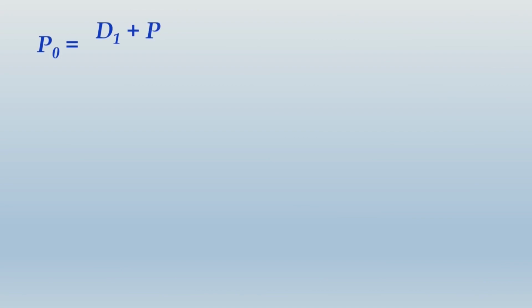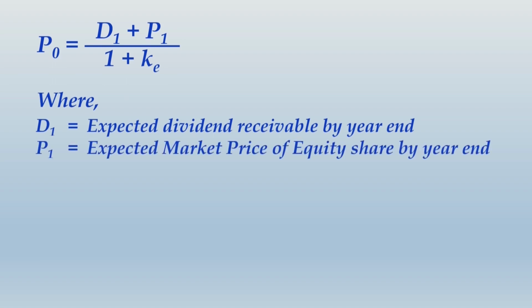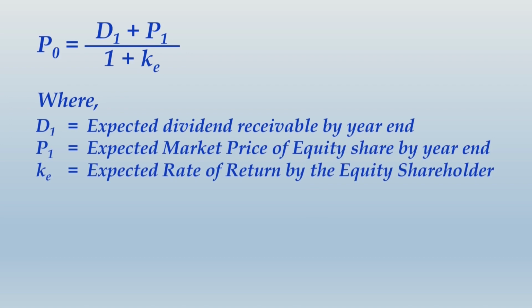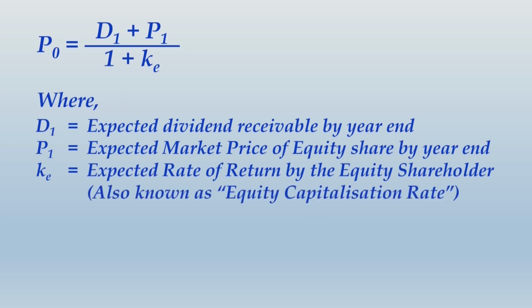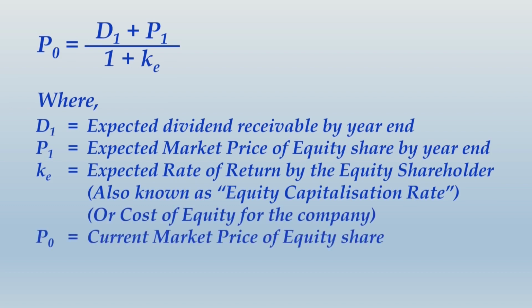You would first write P0 equals D1 plus P1 upon 1 plus KE, and you would obviously define all the variables. D1 is the expected dividend by year end. P1 is the expected market price of the equity share by year end. KE is the expected rate of return by the equity shareholder, also known as equity capitalization rate or cost of equity for the company.